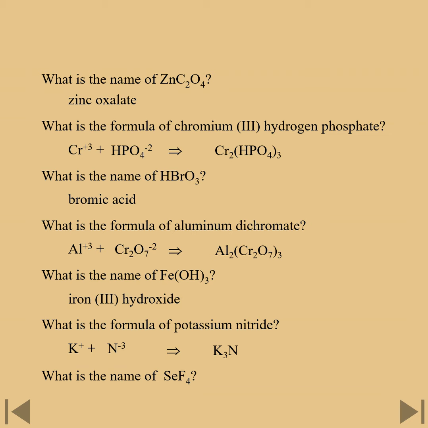Now notice, if selenium was a metal, this would either be selenium fluoride or selenium Roman numeral 4 fluoride. Ionic compounds have totally different names than molecular compounds. And I would point out that the mono, di, tri, etc. is not ever part of an ionic compound. The charges tell us the elements in it or the ratio of ions in it.